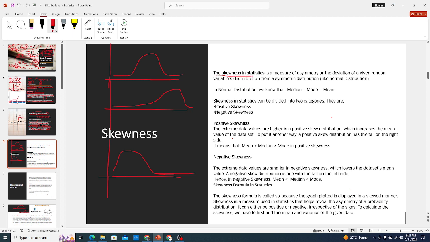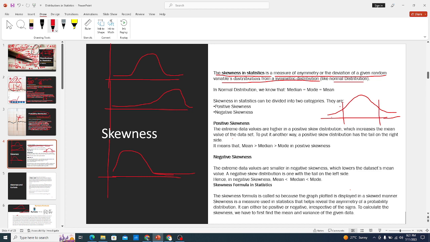Skewness in statistics measures the asymmetry or the deviation of a given random variable distribution from a symmetric distribution like the normal distribution. When we talk about a perfect normal distribution, it means that the data is perfectly normally distributed.